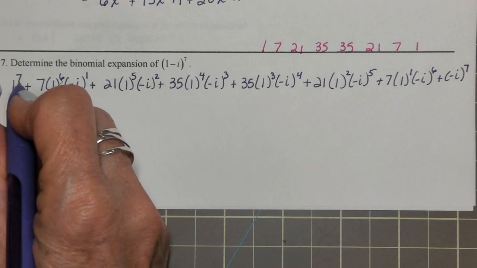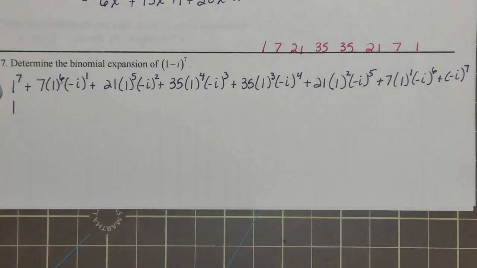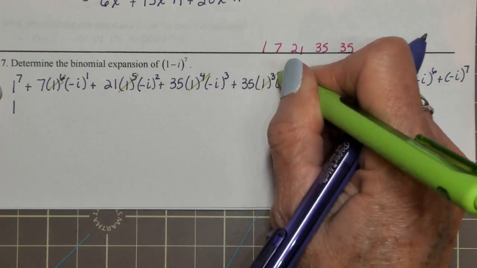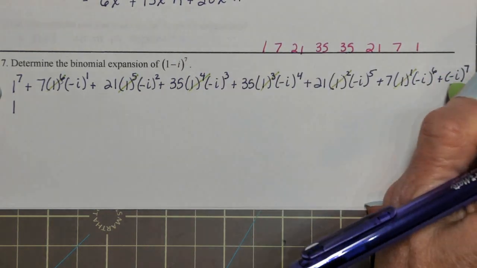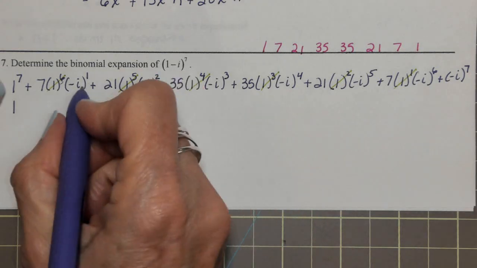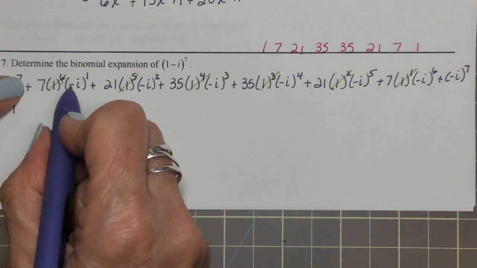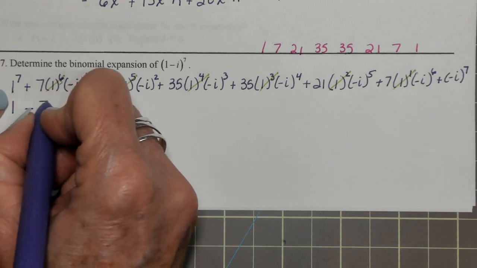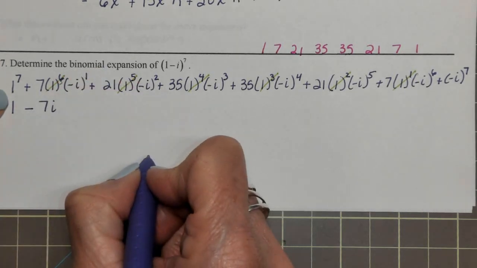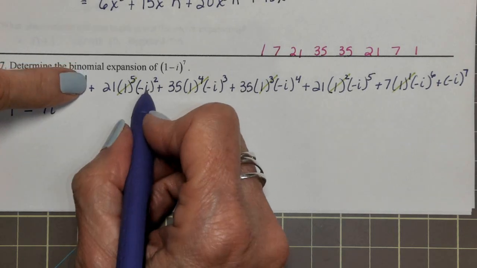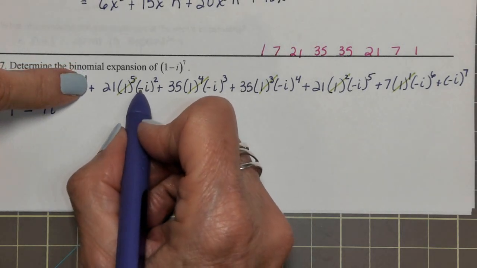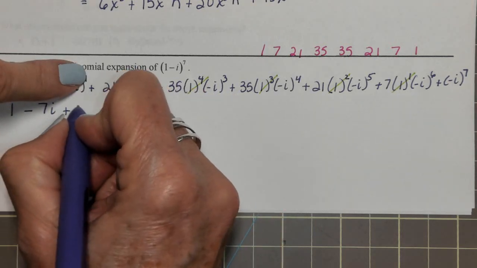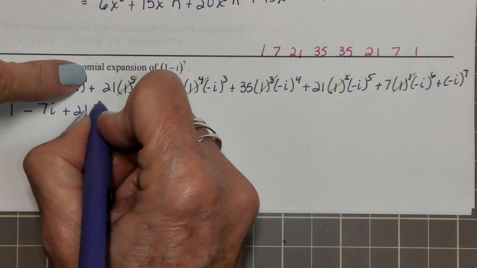Okay, 1 to the 7th is just 1. So all of these are just 1s, right? So I'm going to ignore all of those now. We're going to have negative to an odd power, it's going to stay negative. This is going to be a negative 7i, right? Here a negative squared is going to be a positive, so it's going to be plus 21i squared.